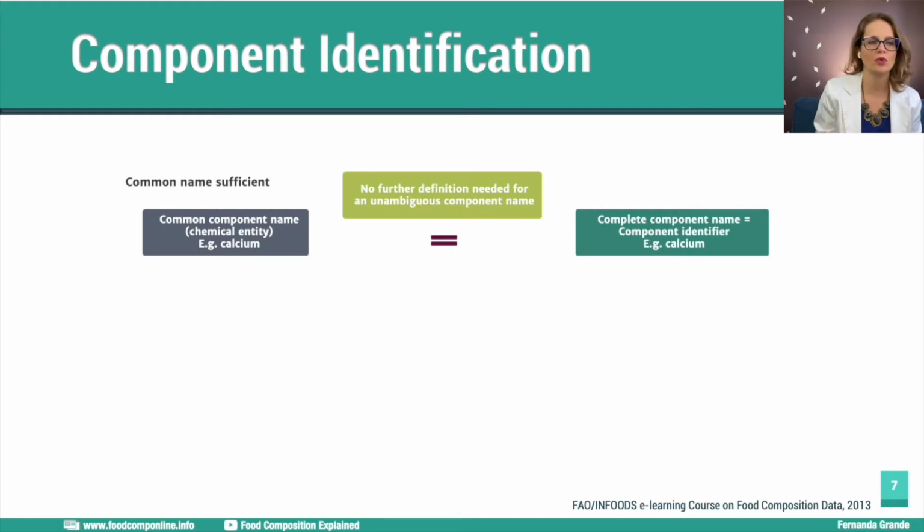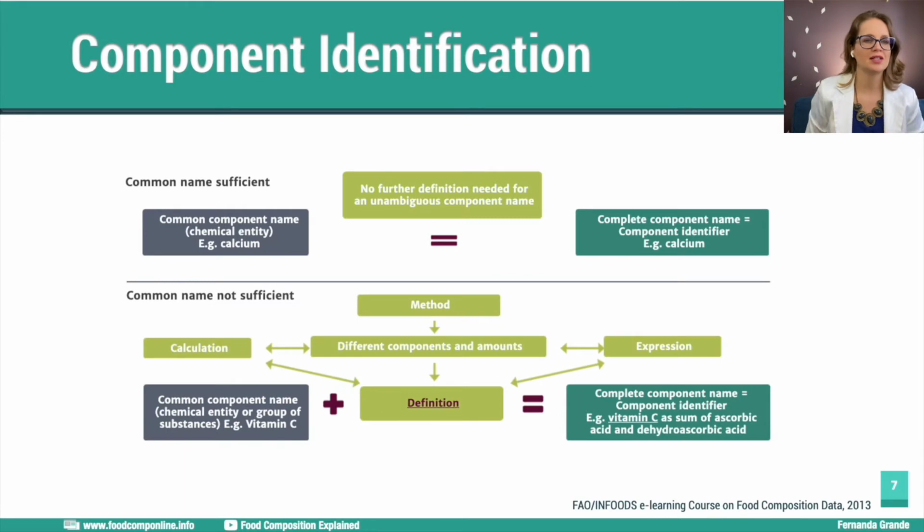For example, if we have calcium in a food composition table, we don't need any further definition to identify the component, meaning that the component name together with the unit and denominator is already enough for a complete component identification. But for some components, the common name is not enough. We need further definitions to have a complete component identification.